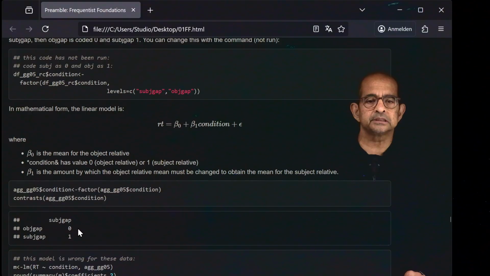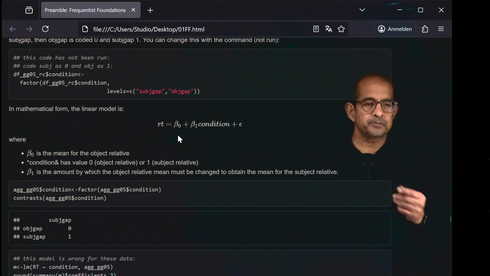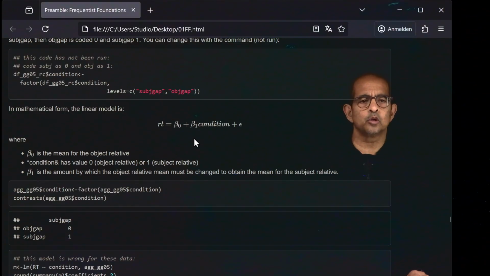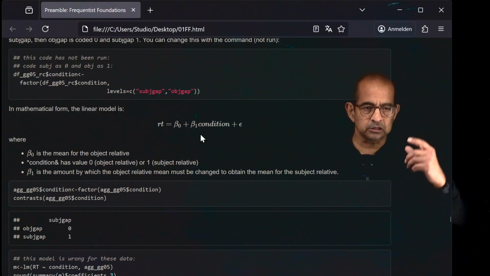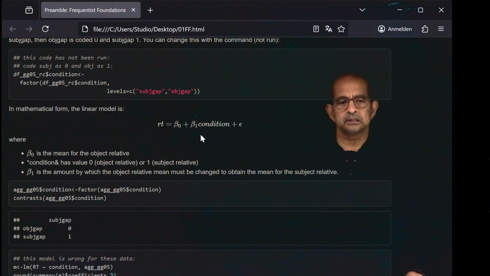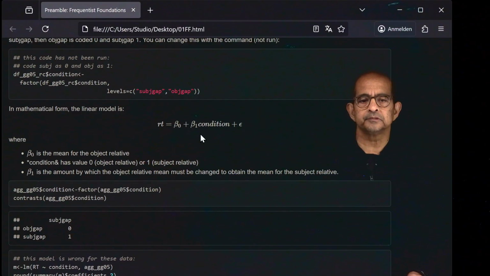Of course, you can reverse the order of the zeros and ones. So the baseline condition could be subject gaps and the treatment condition could be object gaps. In that case, the intercept would represent the estimate for the subject gap, and the slope would represent the additional cost of processing the object gap condition, right?